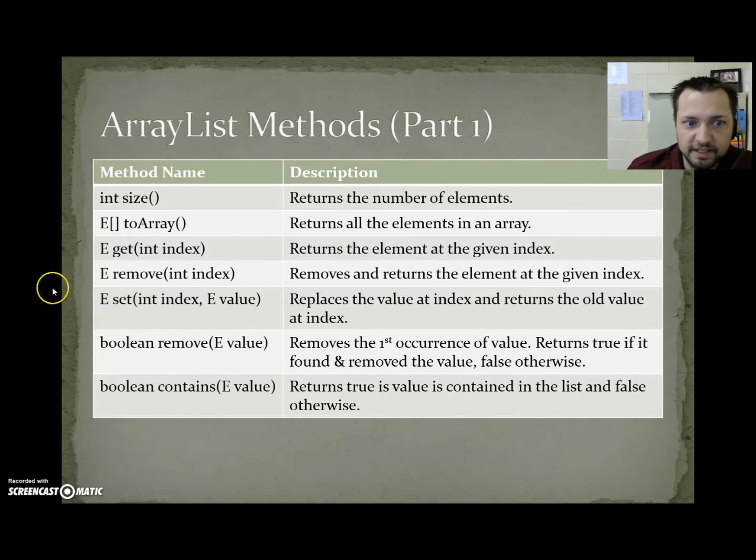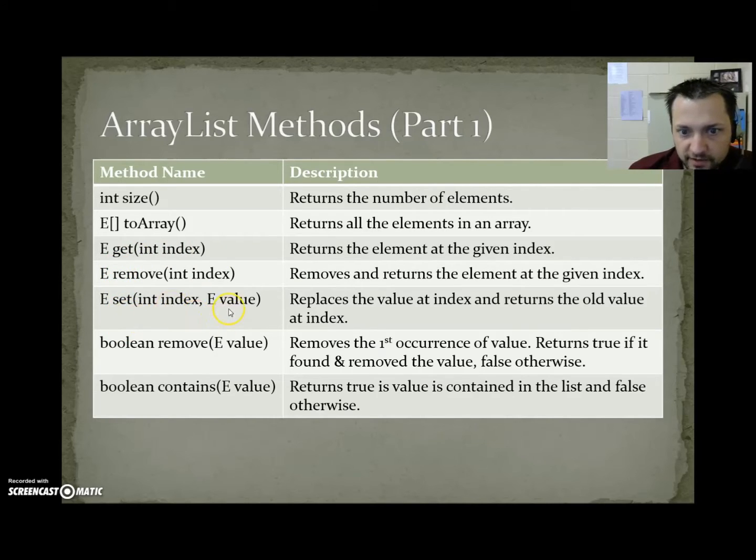And when you do E get, this is going to be Integer get(int index). It returns the element at the specified index. Remove: there are two removes. If you call remove and you send it an index, it removes and returns the item at the given index. So if we had a list of strings and we say remove the third string, it would send back the text at that location. We have set.